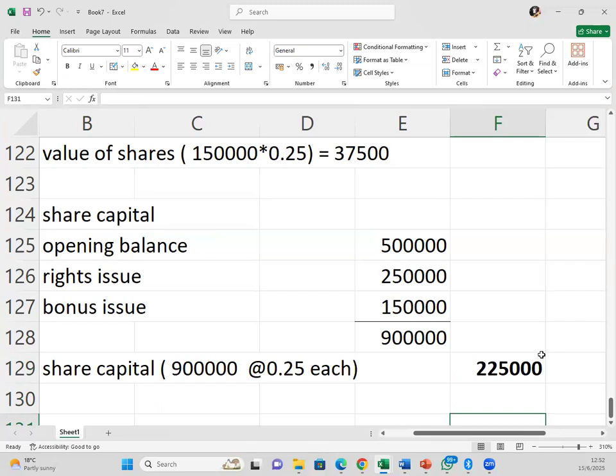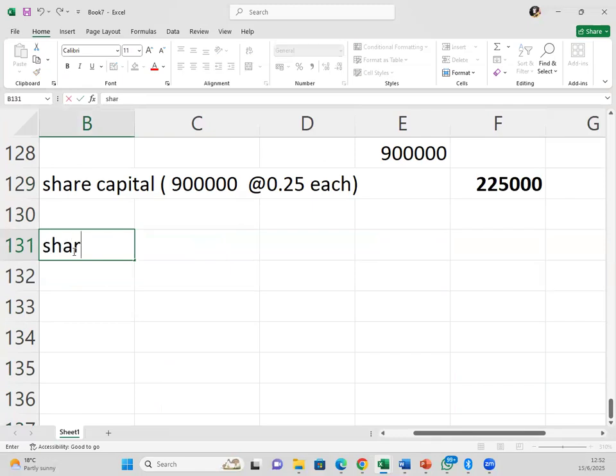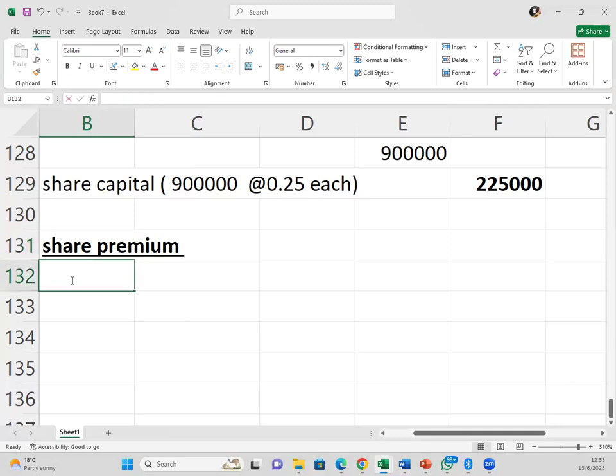What about the share premium? For the share premium, we record at the market value. We are not using the par value. So for the share premium, we take the value of the shares, not the number of the shares.